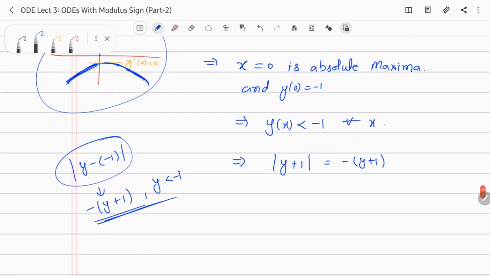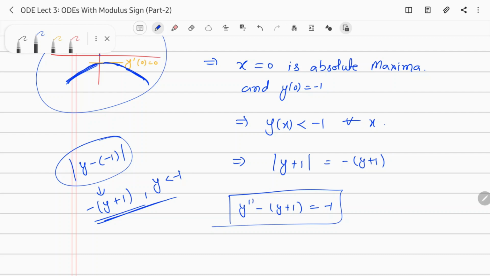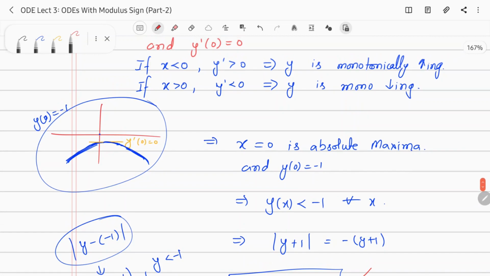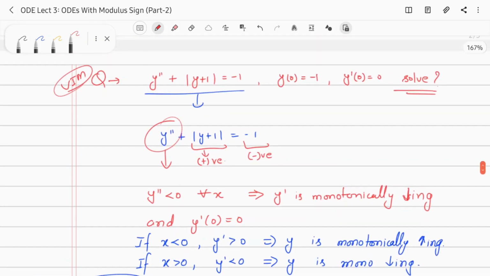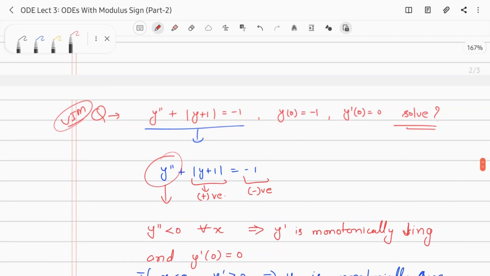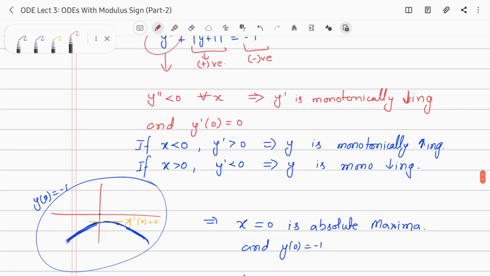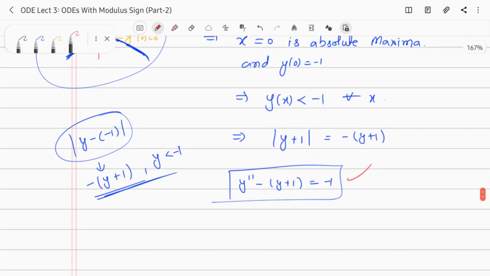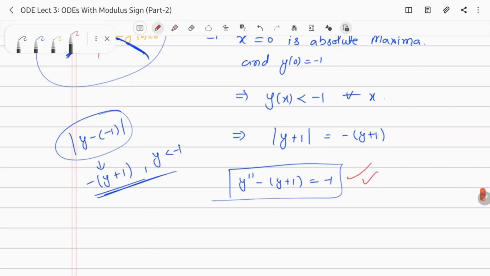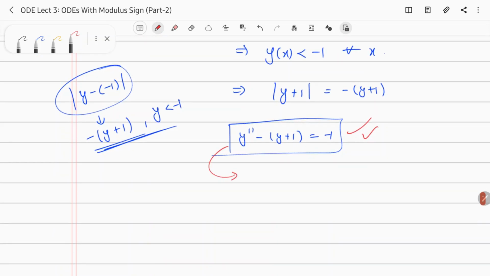So this implies the differential equation will be converted into y'' - (-(y+1)) = -1. So this is our final differential equation, and this was the main thing we had to understand in this question. By looking at it, this seems to be a very difficult question, but after applying some easy logic and concepts, we can convert this differential equation into this form, which is nothing but a differential equation with constant coefficients.